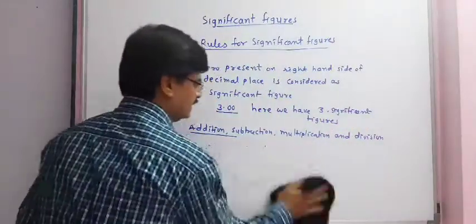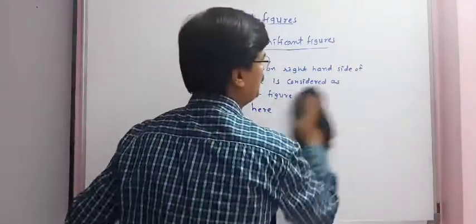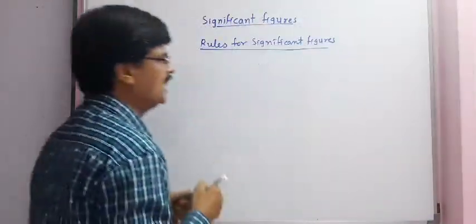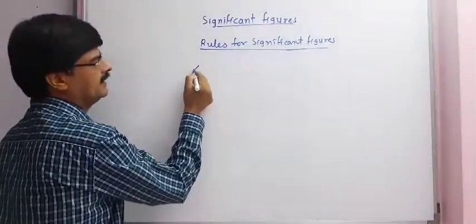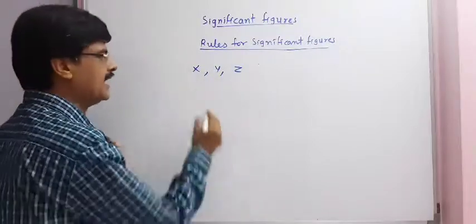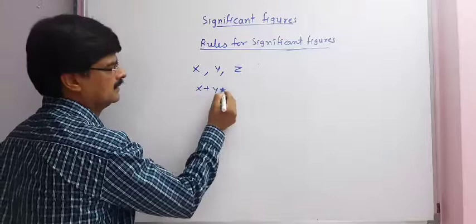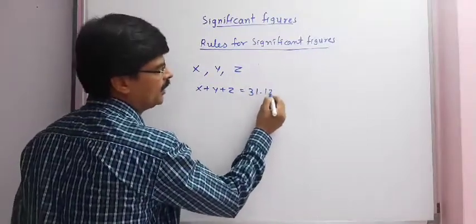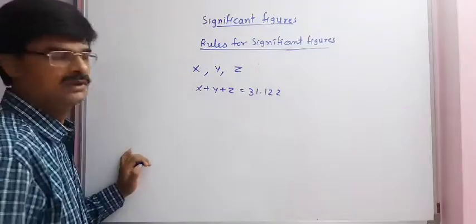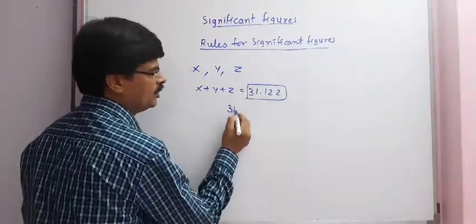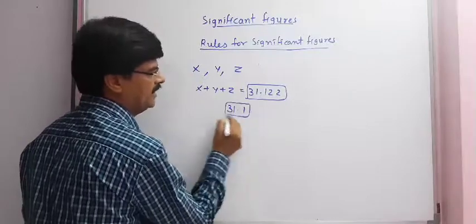Now suppose in addition of different significant figures, X, Y and Z are added, and the answer comes out to be 31.122. To round this off, we have to write it as 31.1.